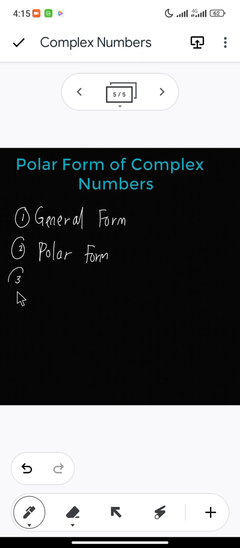And the third is the exponential form. So in this video, we're going to concentrate on conversion from the general form to the polar form.